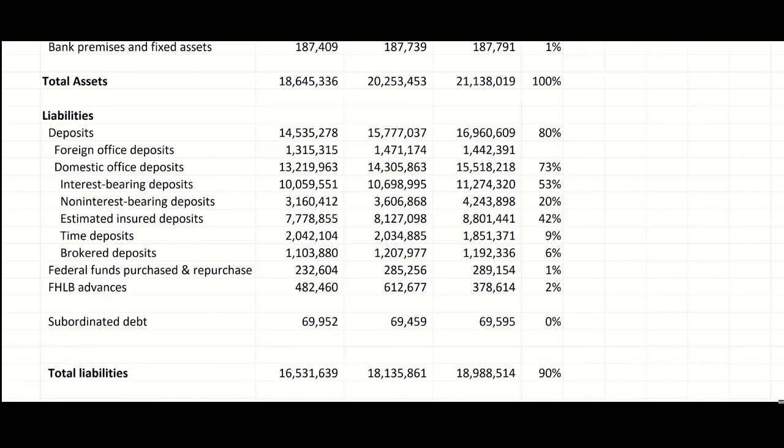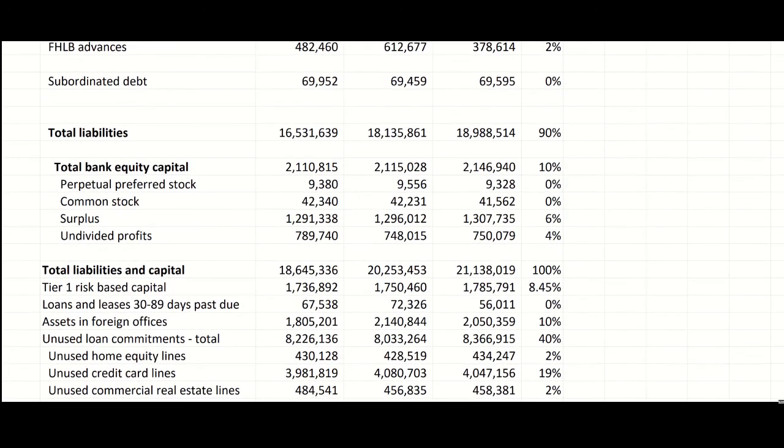So the Fed funds purchased and repurchased liability doesn't match up with the receivable up top. That's because banks are dealing with, in some cases, Fed funds and repurchase agreements with institutions that are outside of the banking system. So some of it's done within the banking system and some of it's done outside of the banking system. If all these transactions were done within the banking system, then the receivable would equal the payable because it would net out. Come down, subordinated debt is kind of low.